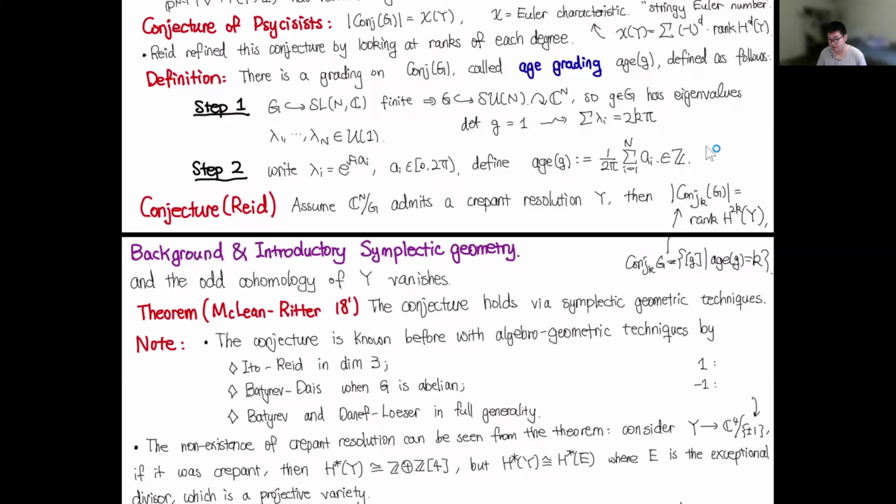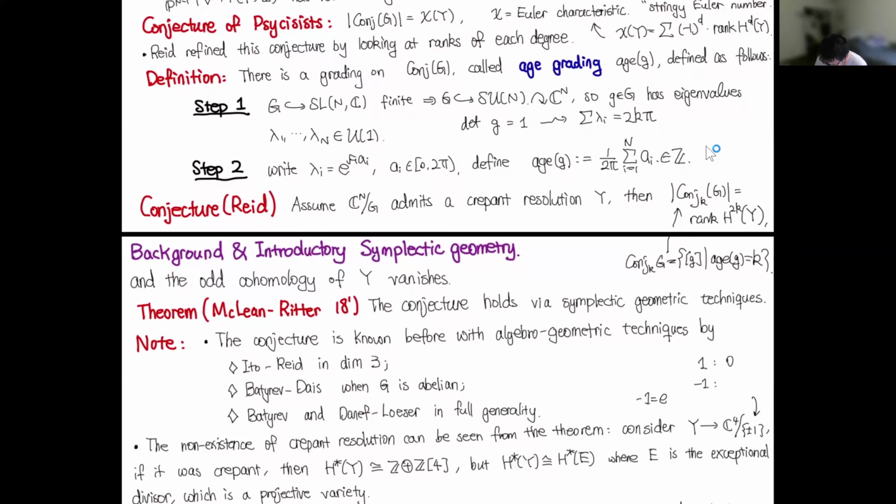The first one is identity, which corresponds to grading 0. And the other is -1, which has all eigenvalues -1, and there are four of them. So -1 is e to the square root of -1 times pi, so you are summing 4 pi divided by 2 pi, which is 2.